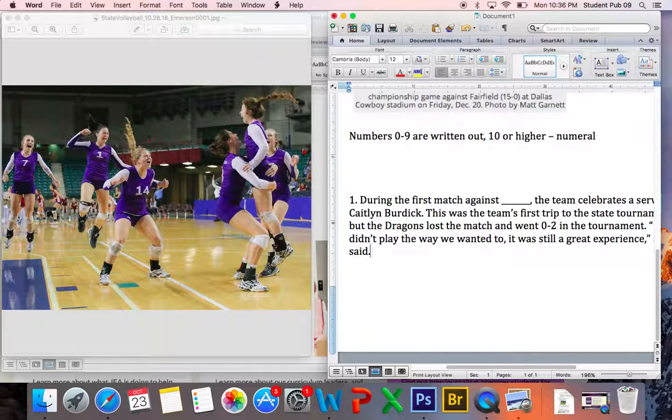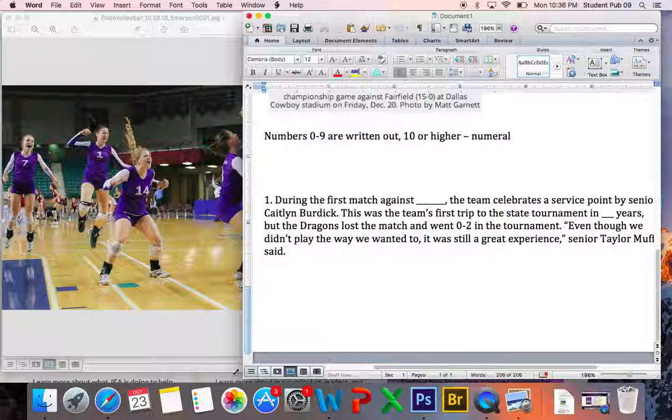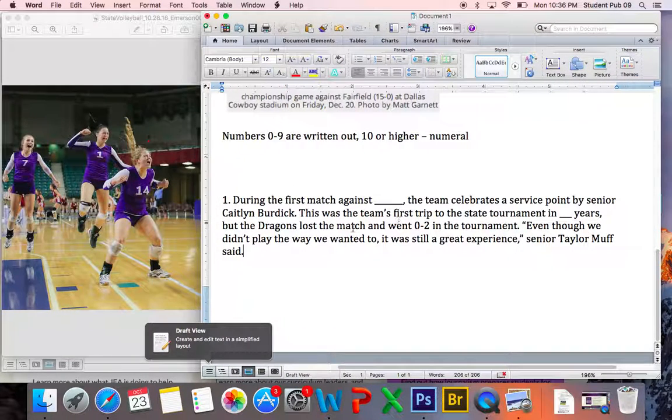Now I'm going to make this bigger so you can see it. Senior Taylor Muff said, period. We're going to have what's called an interrupting quote. We don't ever want to end on "person said." You don't want "said" to be the last thing your reader reads.